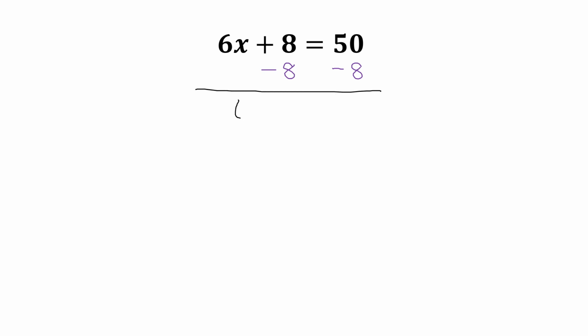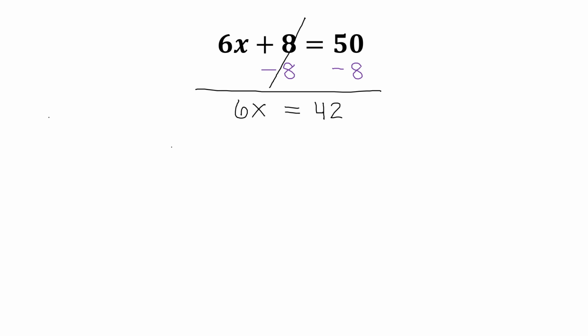We'll bring down 6x. Positive 8 and negative 8, or adding 8 and subtracting 8, either way you think about it, they're opposites and they cancel out to 0. 50 subtract 8 equals 42.